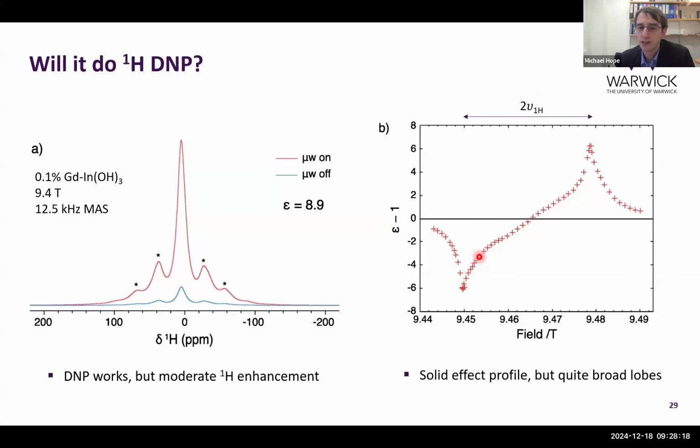There are sharp-ish components at the lobes, but there's also a very broad underlying profile as well. So this broad profile implies that we've got a broad EPR spectrum, as we saw, and that's why it's harder to saturate and we're getting less efficient DNP.